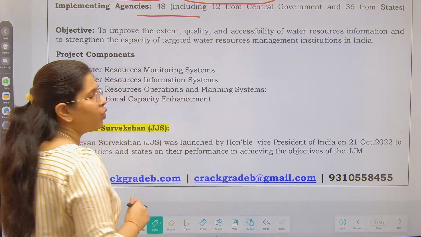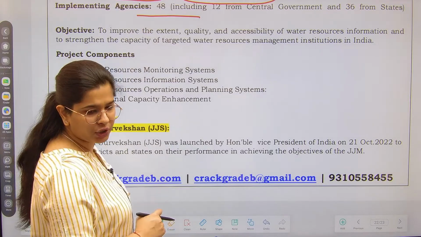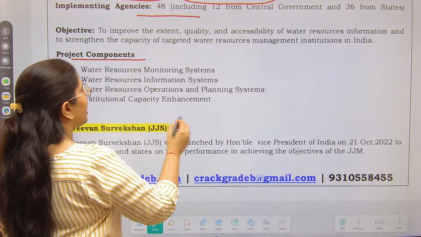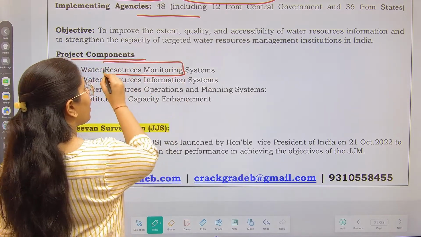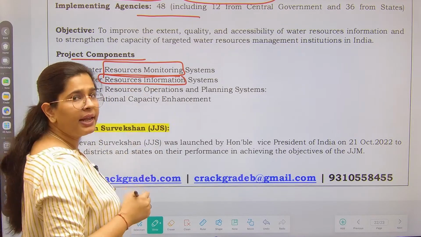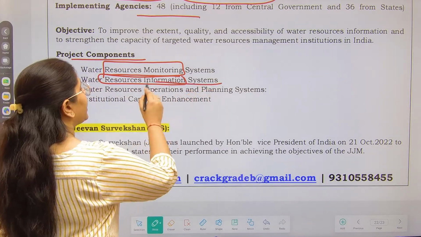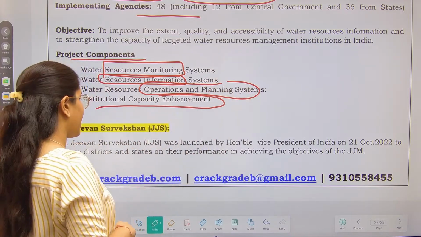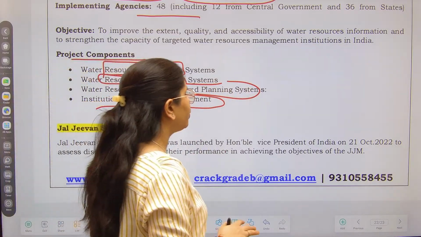Now, what we want to do over here, why we have this particular mission in place. So first of all, project components are monitoring of water resources, generating information, operations and planning system, as well as institutional capacity enhancement. Now how are we going to achieve this?